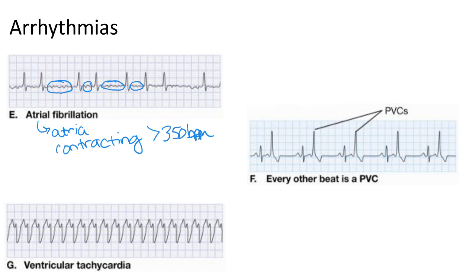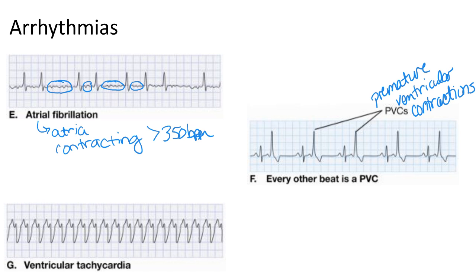essentially just constantly contracting. The PVCs are our premature ventricular contractions. And where these are going to help us is when we do that online lab and try to diagnose, when we're looking at some EKGs, it would be helpful to be a little bit familiar with things that look abnormal.